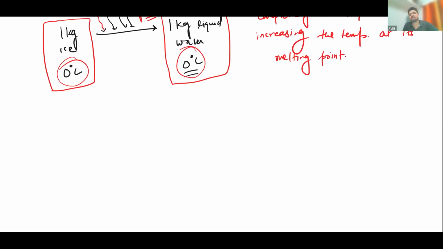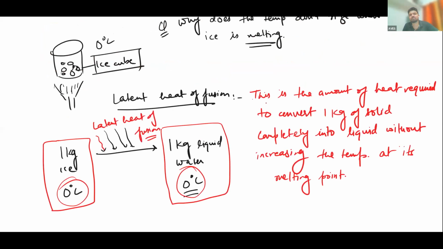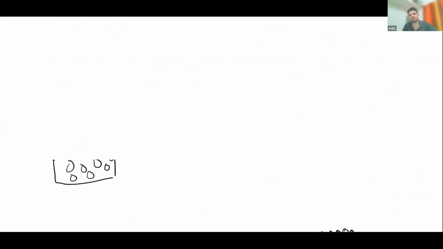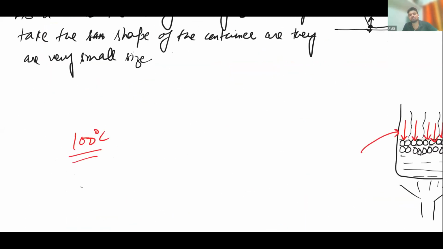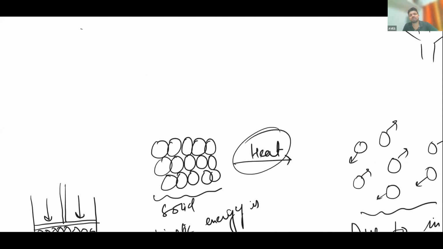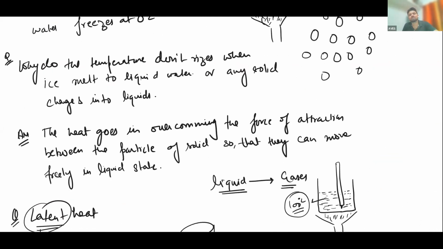Write each and every definition again that I'm teaching you from the beginning. Start writing. Why does temperature not rise when ice melts to liquid?